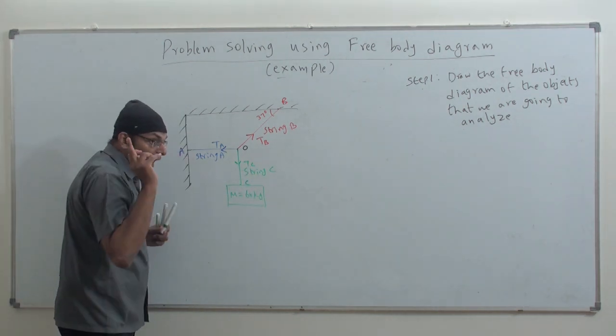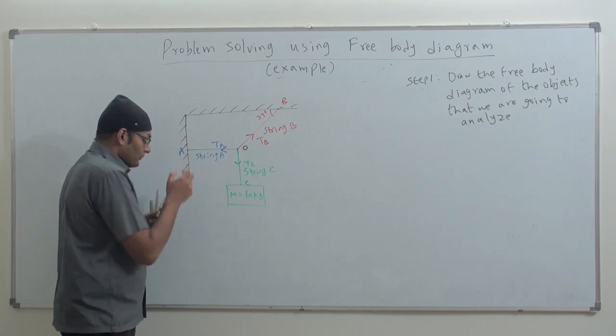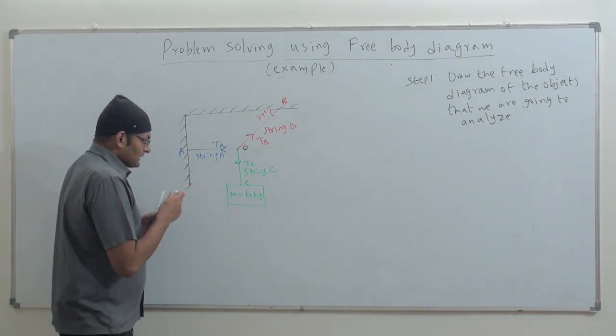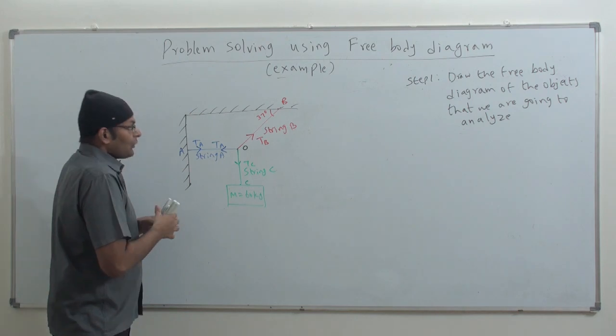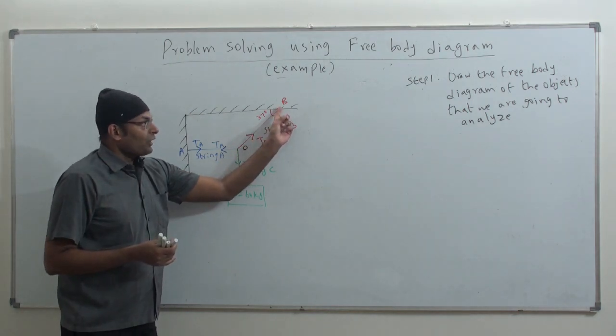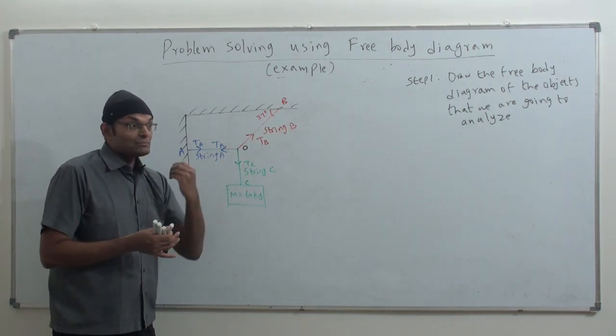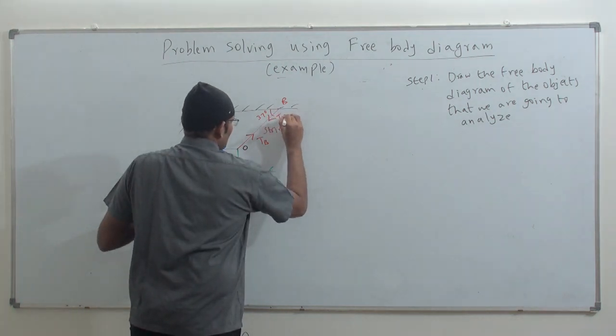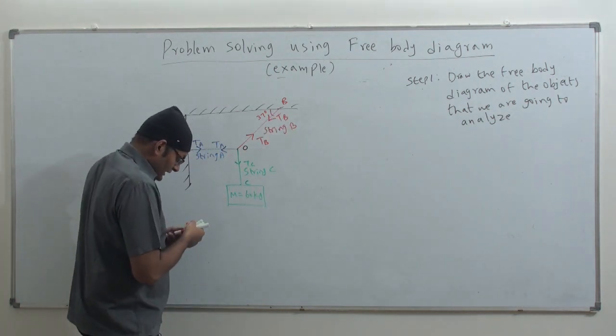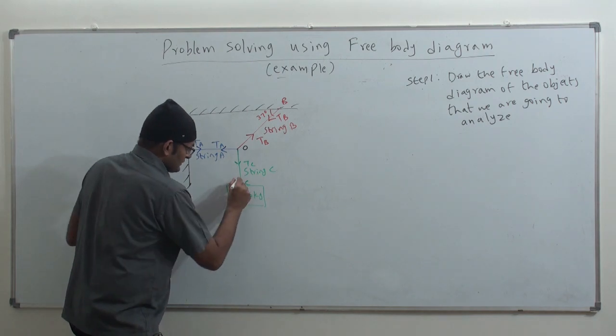The same way, if I am asked what is the tension acting on point A, in the string A, I'll say this is TA. What is the tension acting at point B in string B? It is moving away, so you draw it like this. This is TB. In the same way, I can write it as TC.